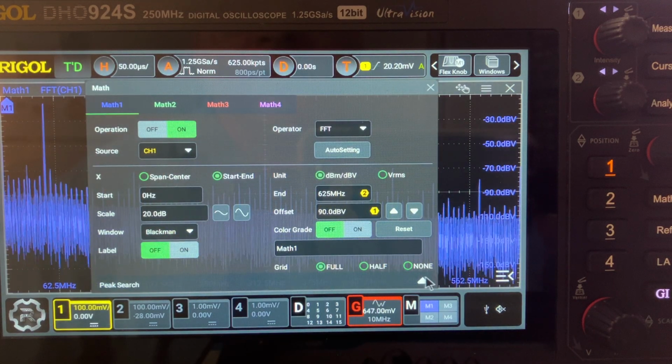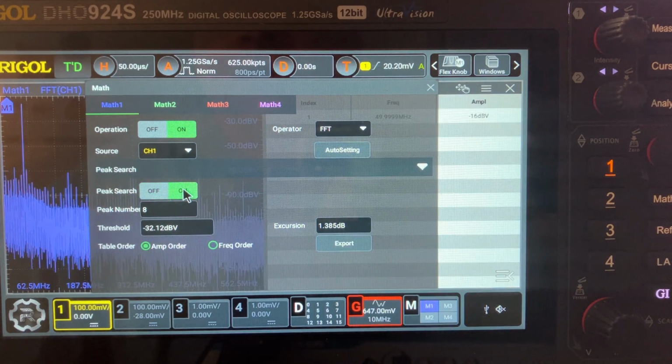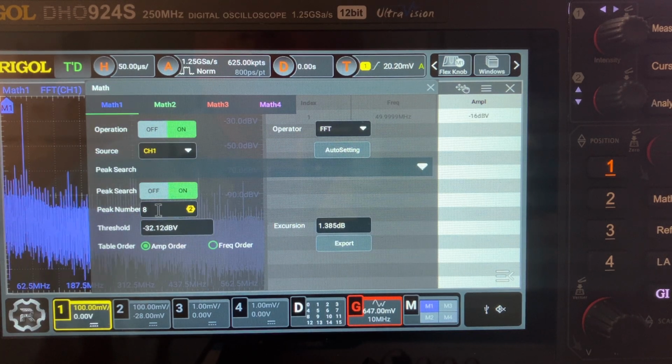One way to do it is to activate the peak search. From peak search, you define here the number of peaks that you search for. It will give you the amplitude points, which are the highest, and you now need to trigger on something.